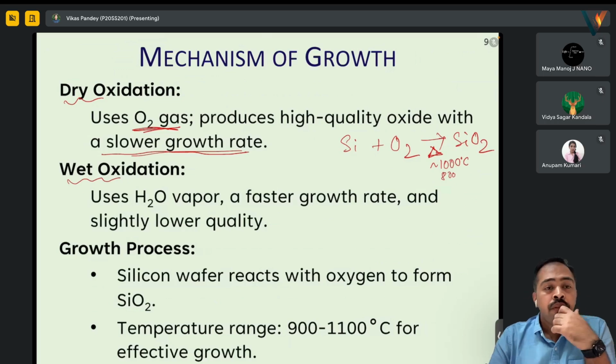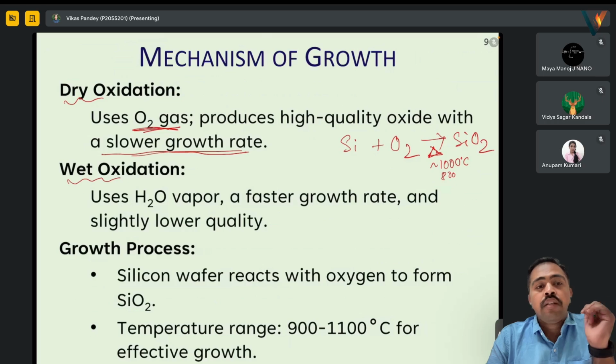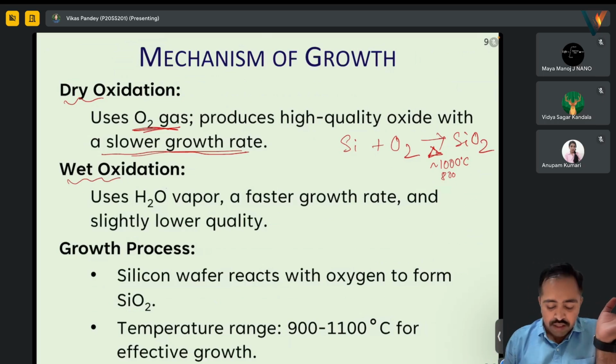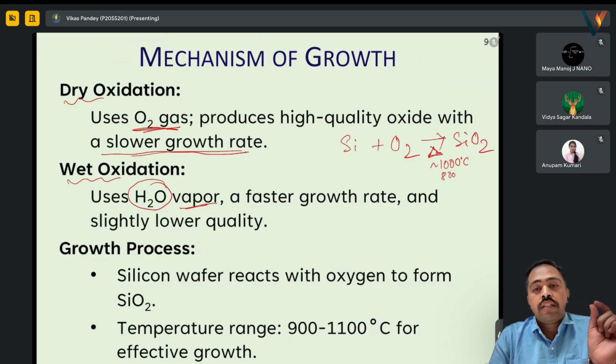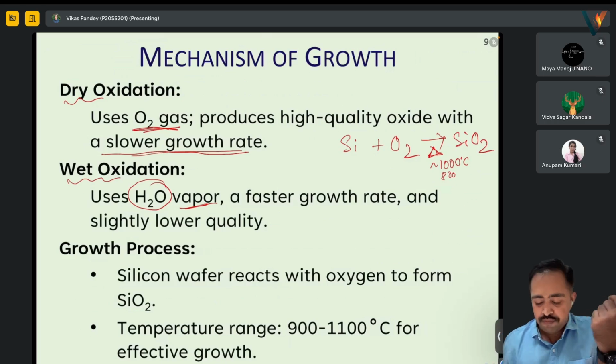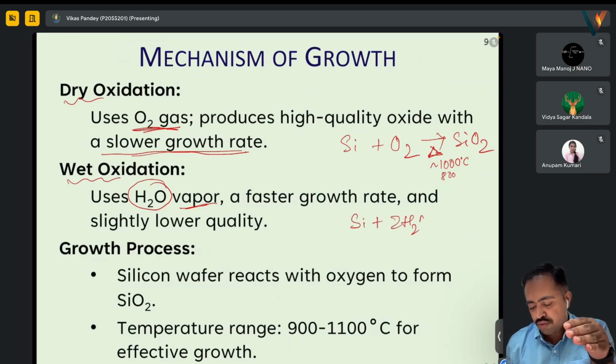Okay. The second way is wet oxidation, where H2O vapors are used. In this case, hydrogen will be released as a byproduct: Si plus 2H2O gives us SiO2 plus 2H2.